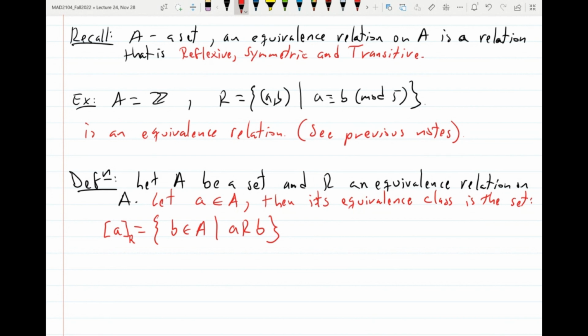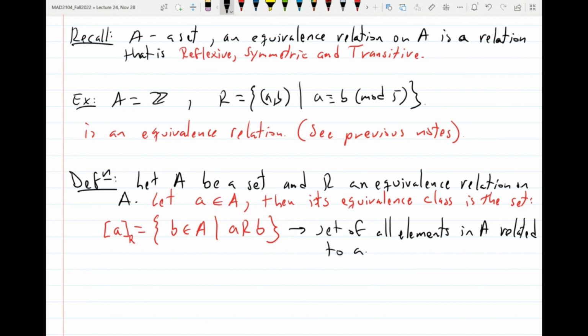So in other words, this is the collection of all elements in A that are related to little a.